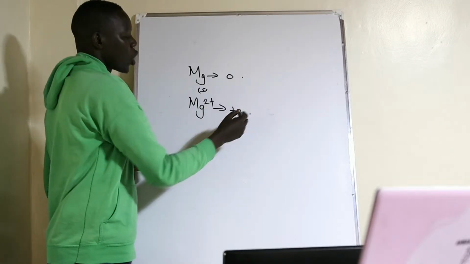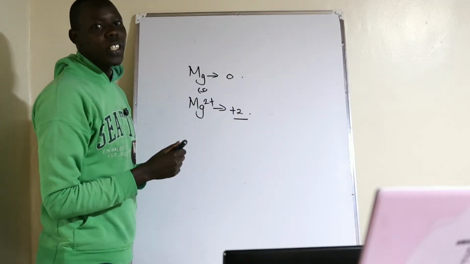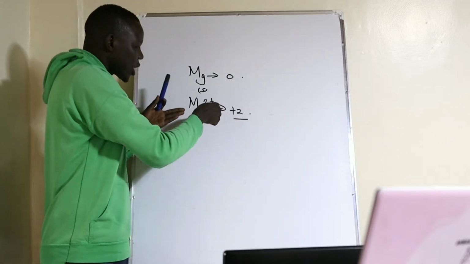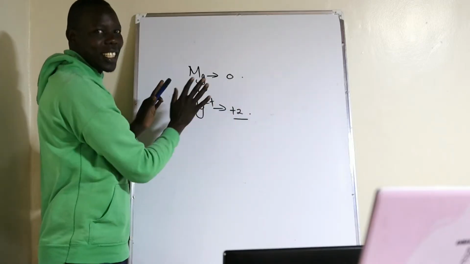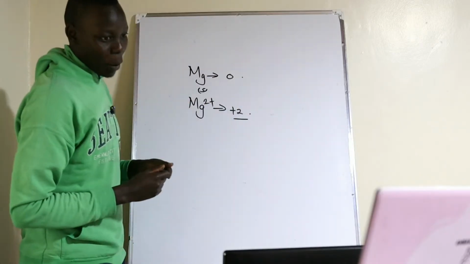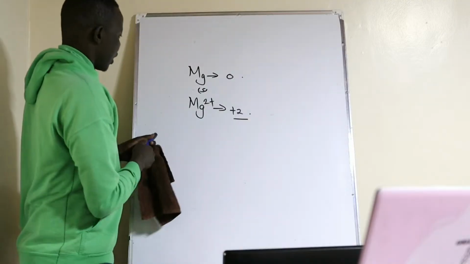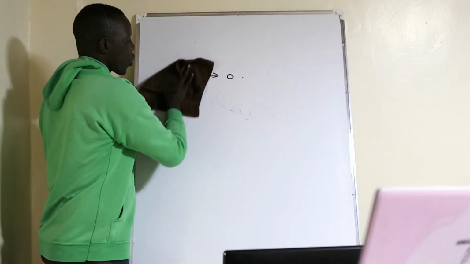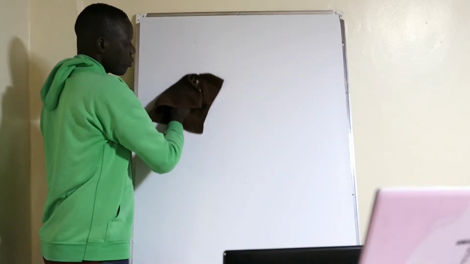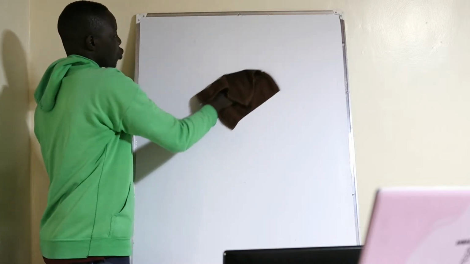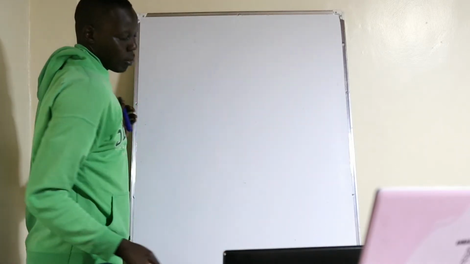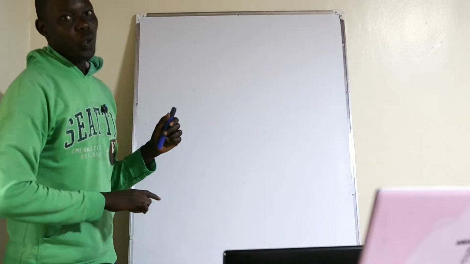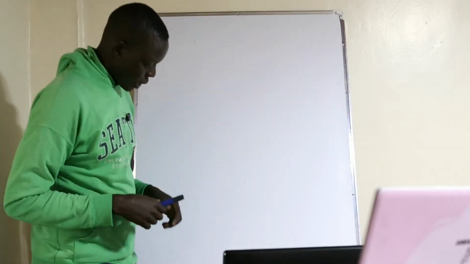Between 0 and +2, which one has a higher oxidation number? +2. So it lost electrons to be oxidized. We shall look at this later, on Monday morning. For those who will not be going to school, we will be looking at electrochemistry, the whole topic.